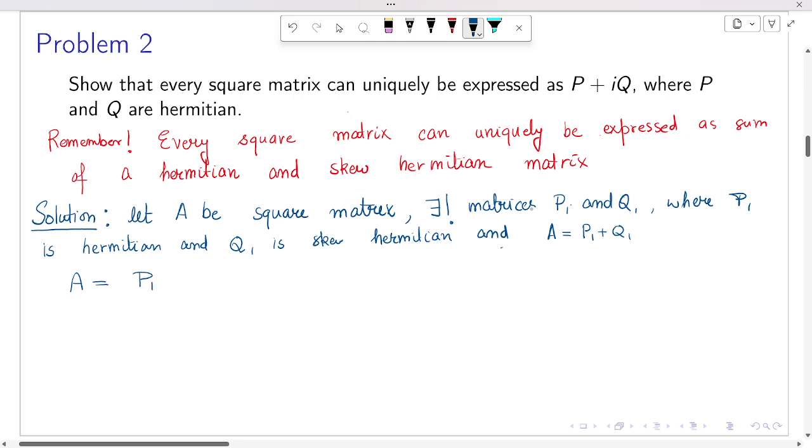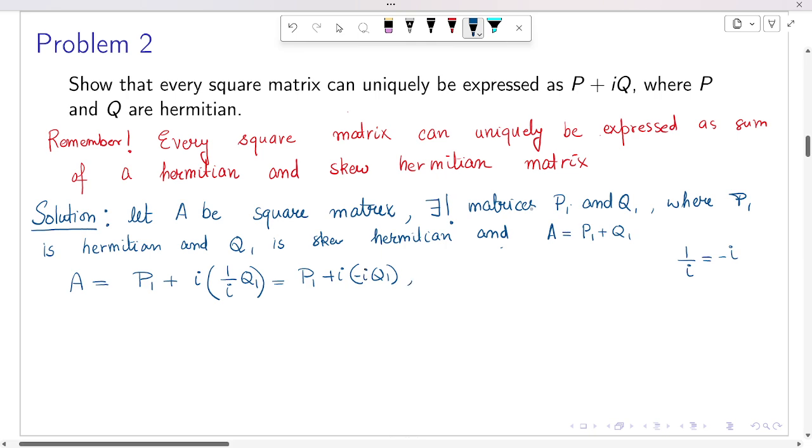Write this as P1. We want to introduce iota here. So let us just multiply by iota and divide by iota. So now we know 1 by iota is equal to minus iota. So this is P1 plus iota times minus iota Q1, minus iota Q1.